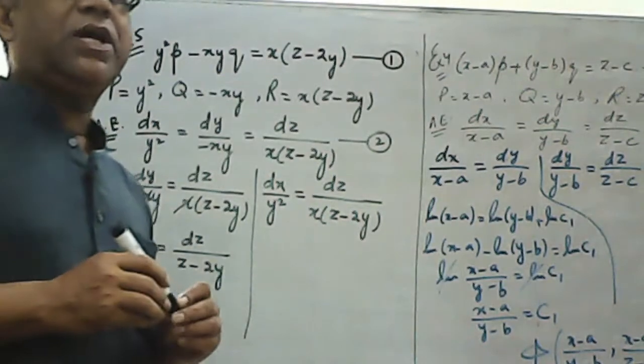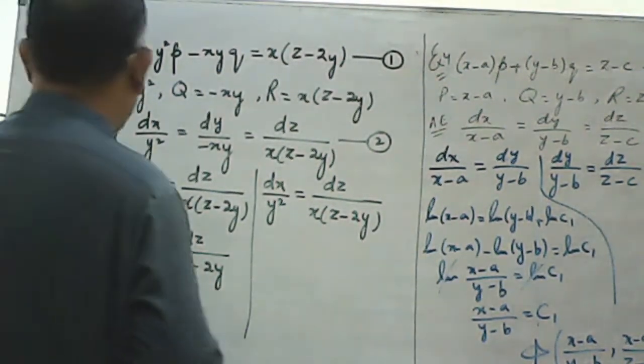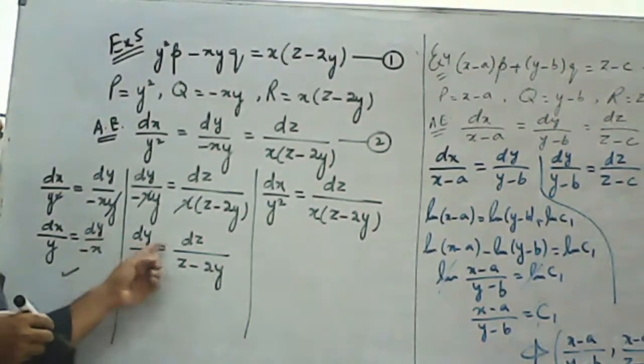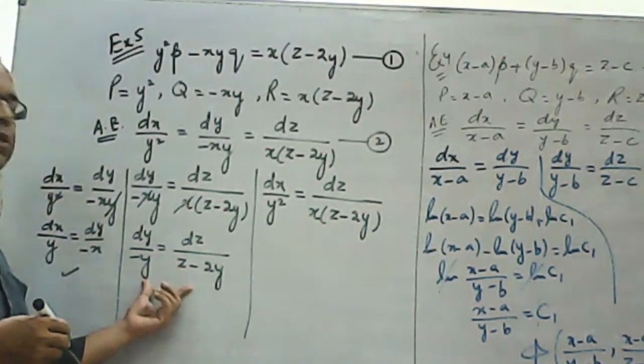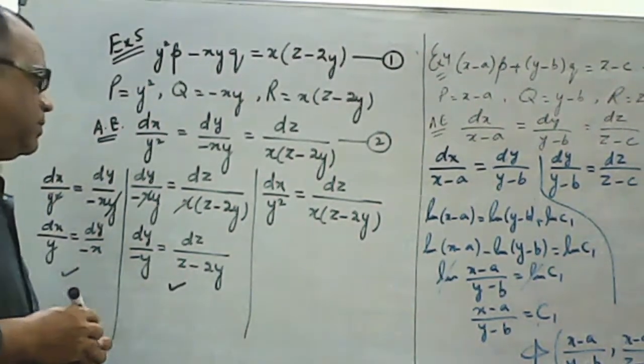Now it's time to check which pairs are possible to solve. In this case, z is missing in the numerator, so z is also not there in the denominator, so this is possible to solve. Here x is missing in the numerator, x is also missing in the denominator, so this pair is possible to solve.